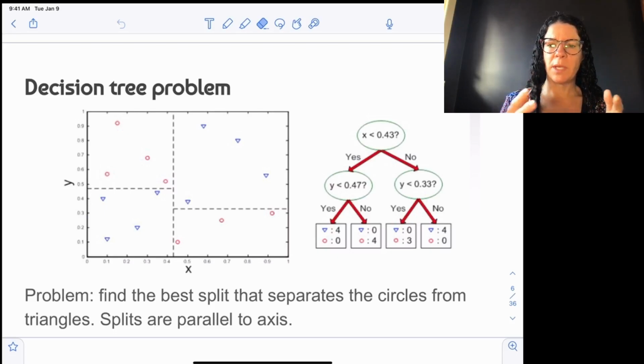After we have all the splits, we look at the predictions. In this case it's either circles or triangles, and we take the majority prediction. So in this case the prediction is kind of perfect: we're able to divide triangles and circles perfectly.